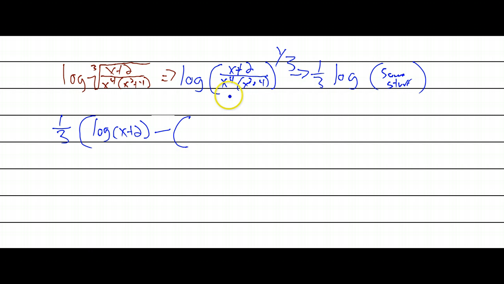Now we have to write this difference. So we have log x to the 4th plus log of x squared plus 4. Okay?